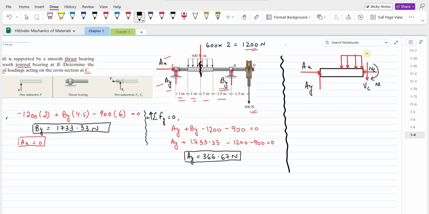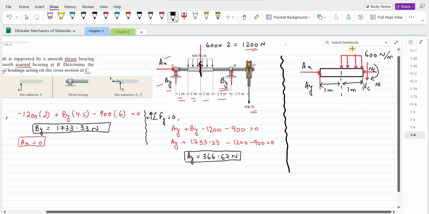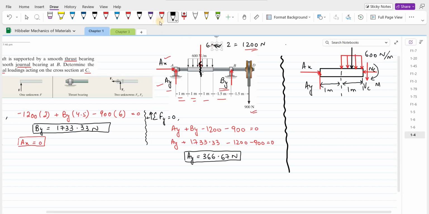This distributed loading is 600 newtons per meter. And these distances are 1 meter each. Again, we have to find the resultant of this distributed loading. So it would act in the middle.